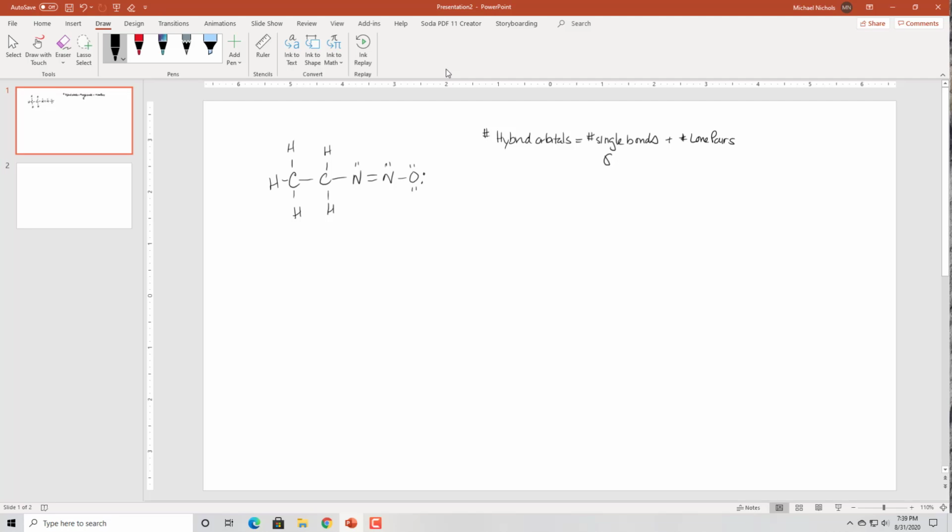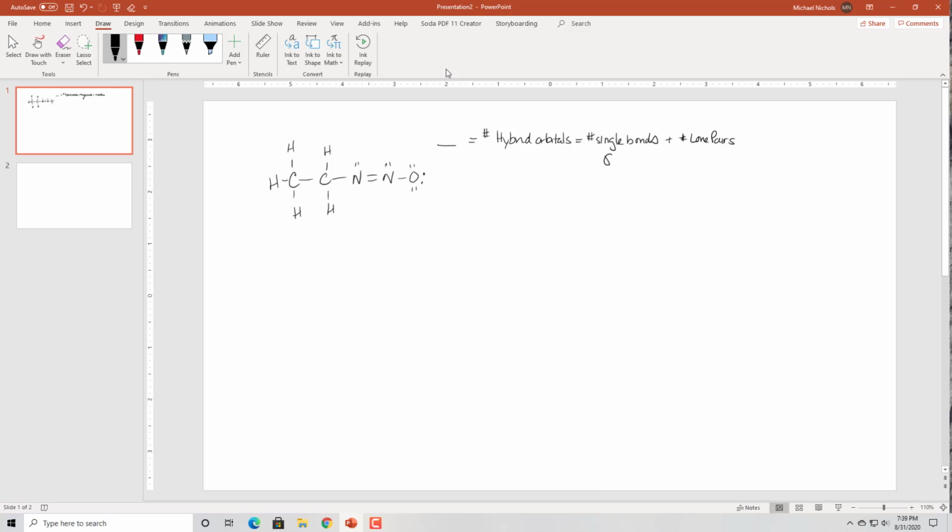For carbon, it's just the number of single bonds, because carbon doesn't always have lone pairs. It's very rare that it does. But for nitrogen and oxygen, they always have lone pairs. And the number of hybrid orbitals then gives you the hybridization.